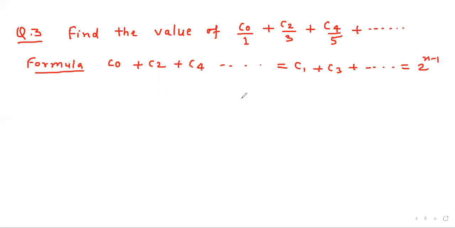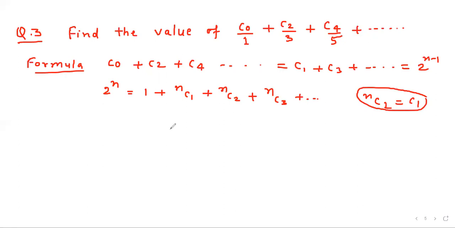So we will make use of this formula, and also 2 power n is equal to 1 plus nC1 plus nC2 plus nC3 etc. Here nC1 means just C1.